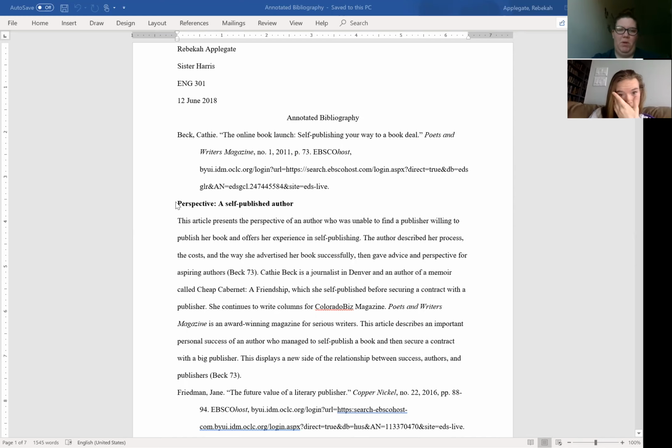And then in this part you tell what the perspective is, because this one was for an argument. I don't think for our annotated bibliography we have to do a perspective, because ours is not an argument. It's just what we found about self-regulation.